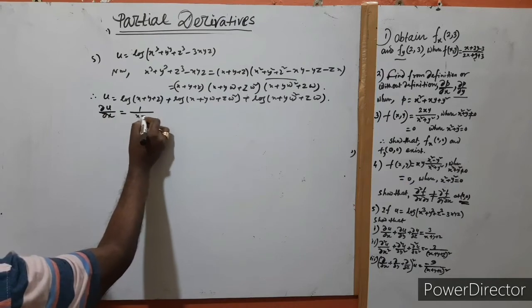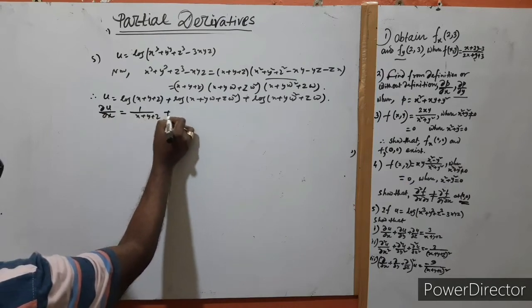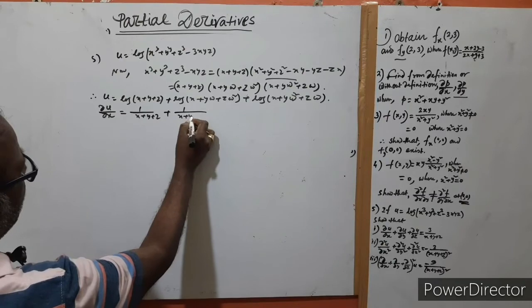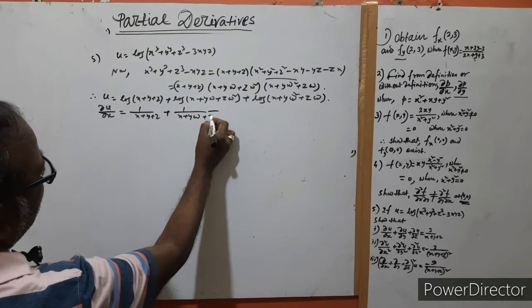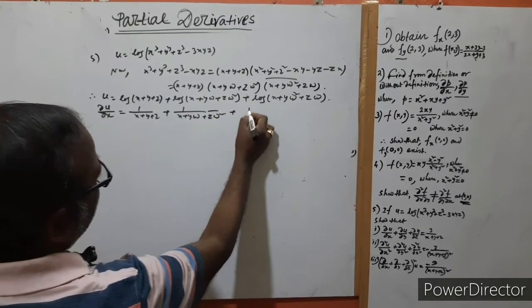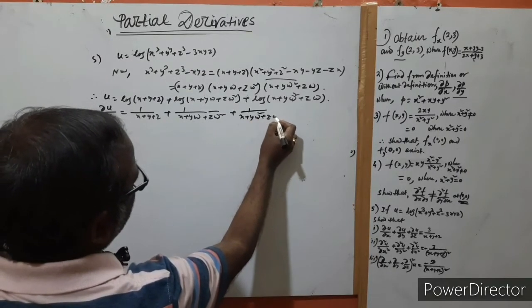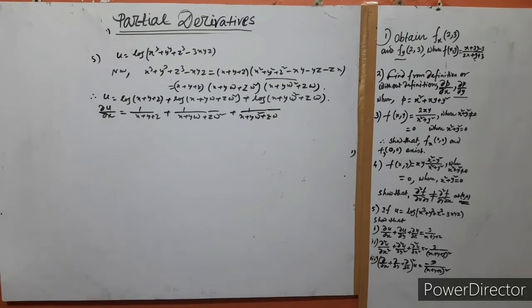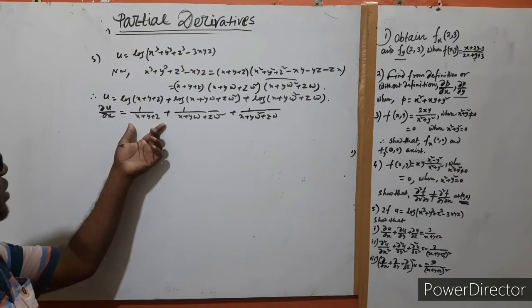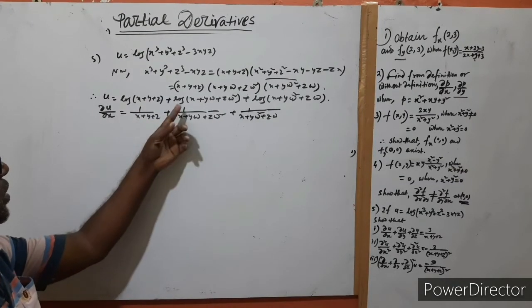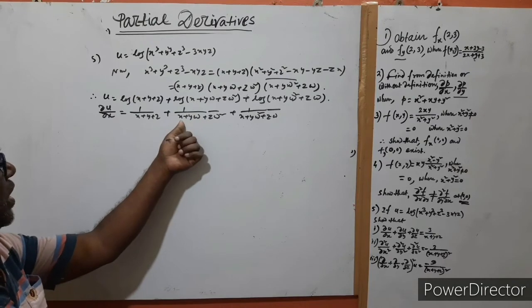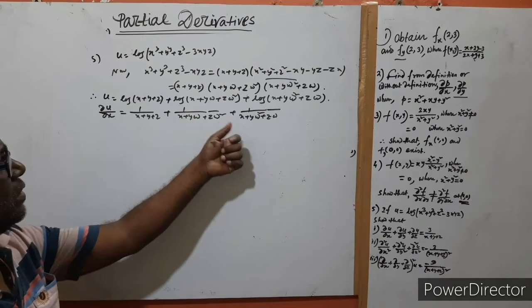So that is 1/(x + y + z), plus 1/(x + yω + zω²), plus 1/(x + yω² + zω). Differentiating each with respect to x gives 1 in the numerator, and the other terms are 0.